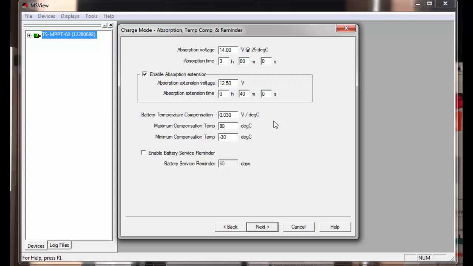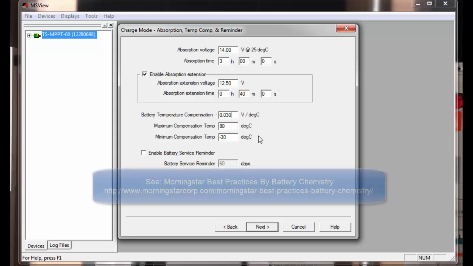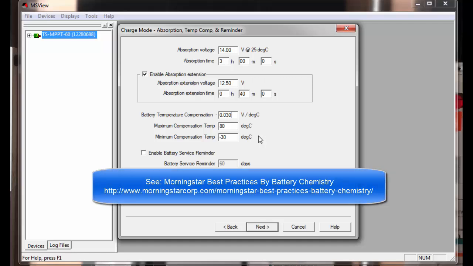So instead of 30 millivolts per degree Celsius, you would be down to like 22 or 23 millivolts per degree Celsius. And you can set the maximum and minimum temperatures. There's a little bit of information on the battery information page that we have on using the temperature compensation as sort of a switch to disable charging. So for this application, temperature compensation settings can really be useful also.